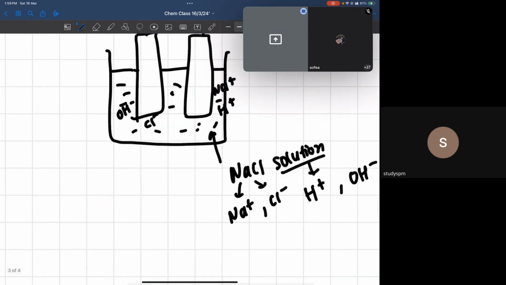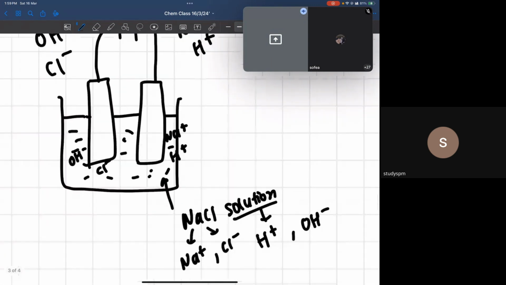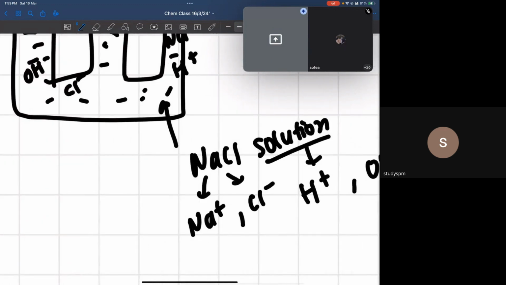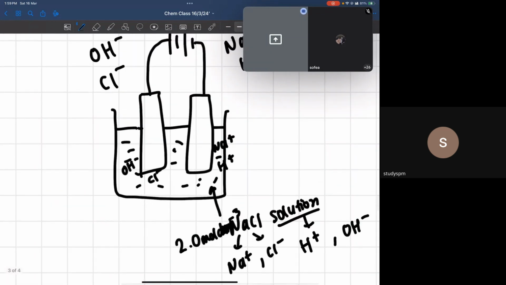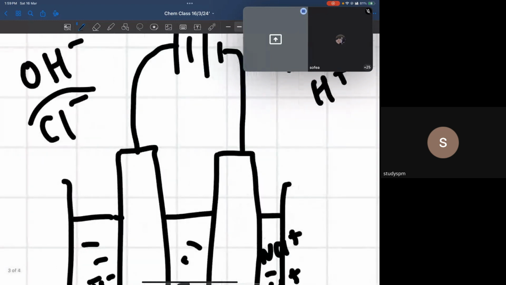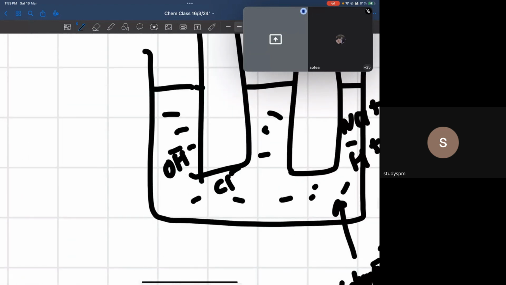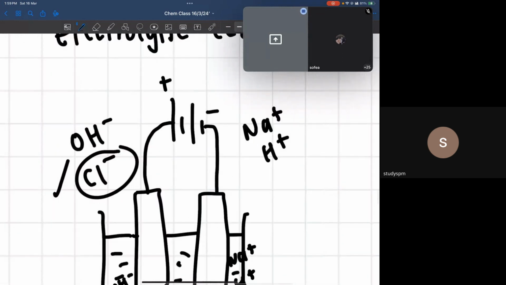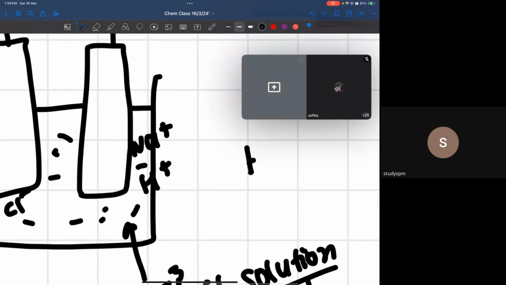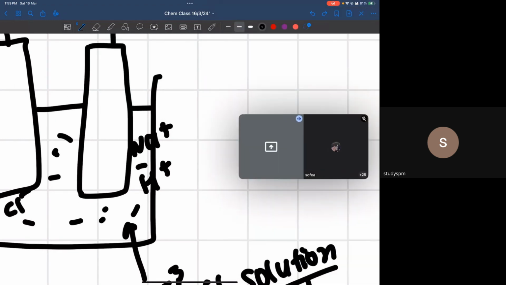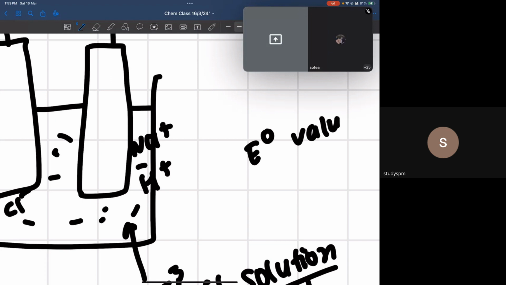So for here, let's say this is a very concentrated solution, like 2.0 mole per dm cube. For a concentrated halide solution, the halide ion will selectively discharge. Halide is chloride ion, so chloride ion will be selectively discharged at the anode. For the cathode, it is always about the E value, the standard electrode potential.